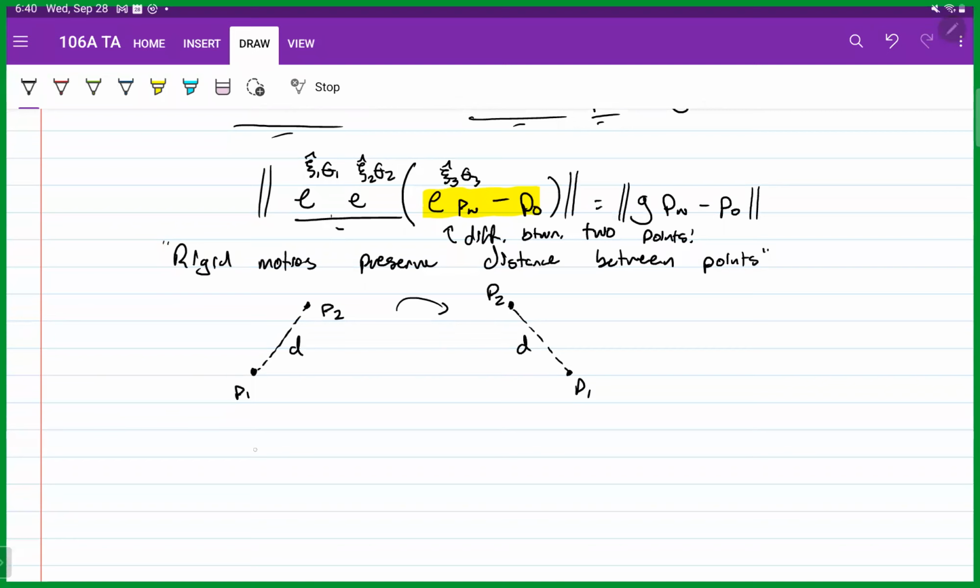So this distance is going to be the same as this distance: e to the xi3 hat theta 3 minus this point P naught, okay? G times PW minus P naught, okay?